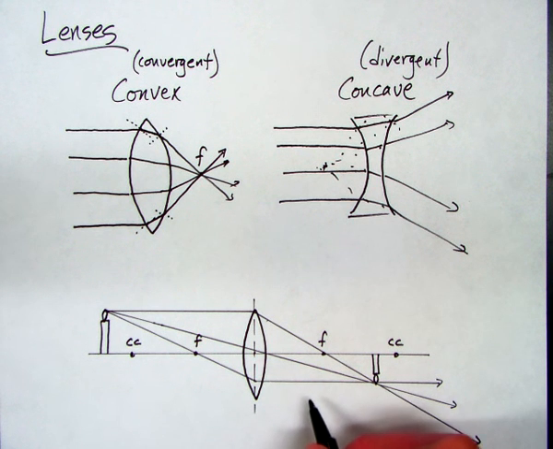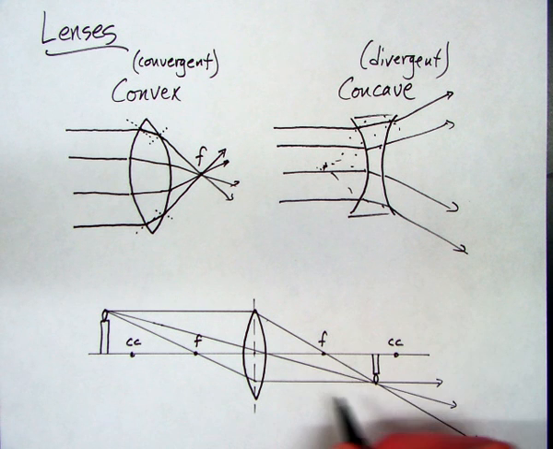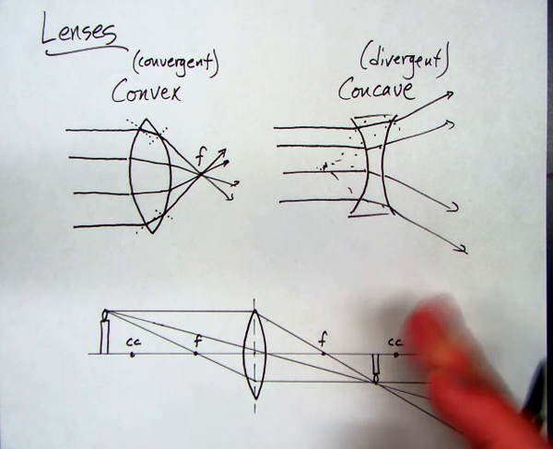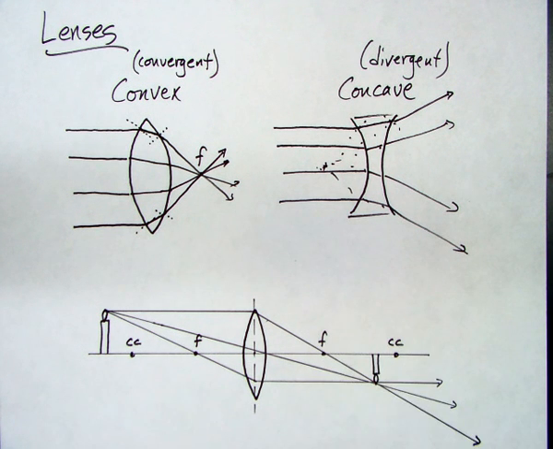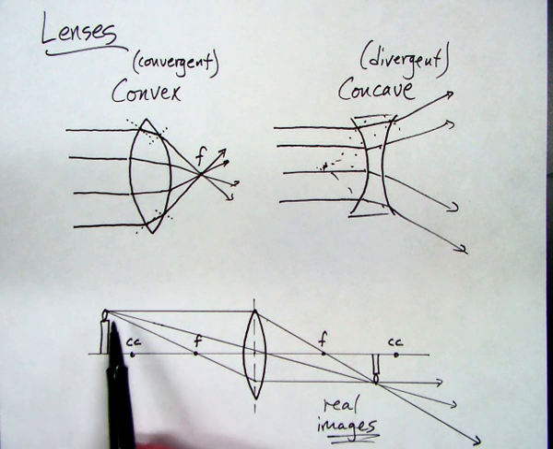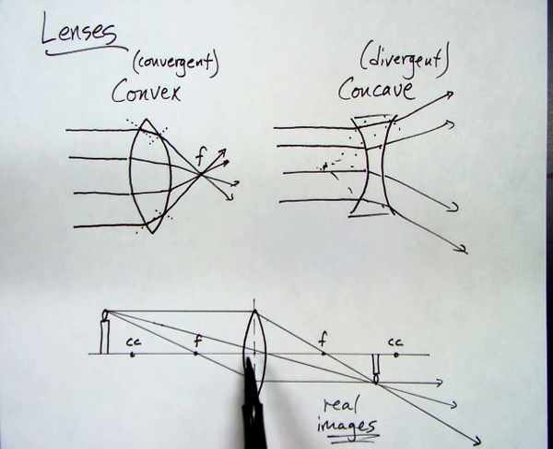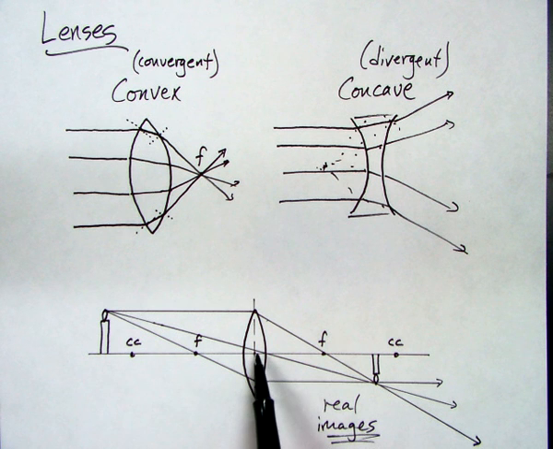Similar to concave and convex mirrors, real images form where real light can land on a real piece of paper to form a real image. Light passes through lenses to form images here, so any image on this side will be real. Light does not typically hit lenses and bounce back and form something here.